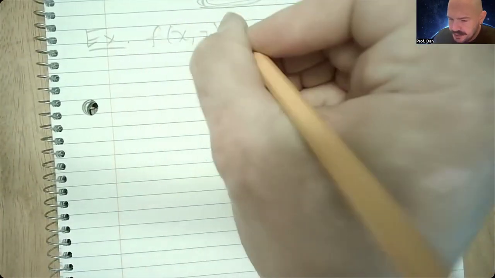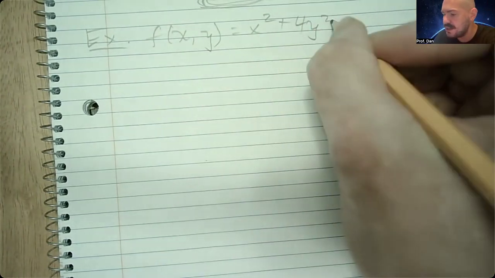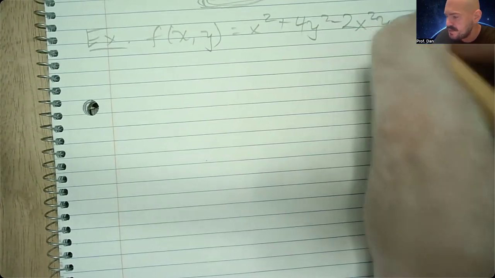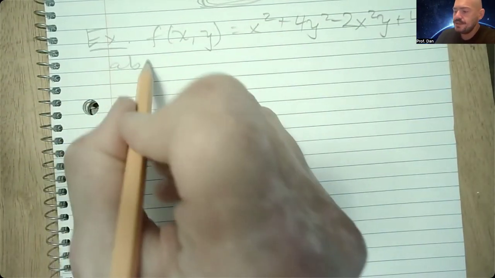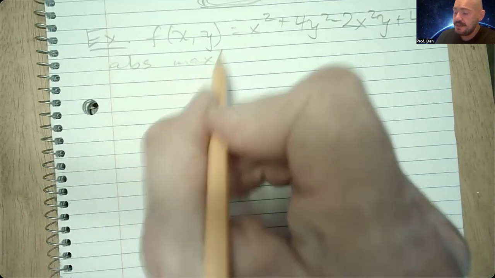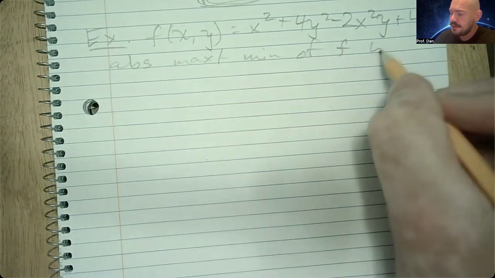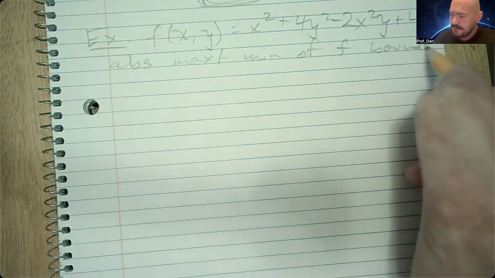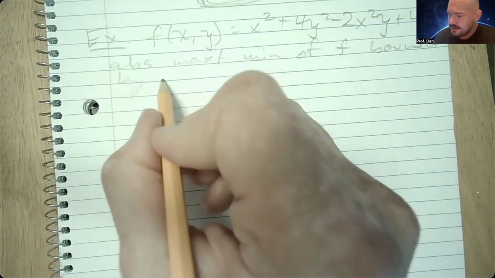So let's look at an example involving a function with two variables. So we have f of x, y is equal to x squared plus 4y squared minus 2x squared y plus 4. And we want to find the absolute max and min of f bounded by the rectangle.